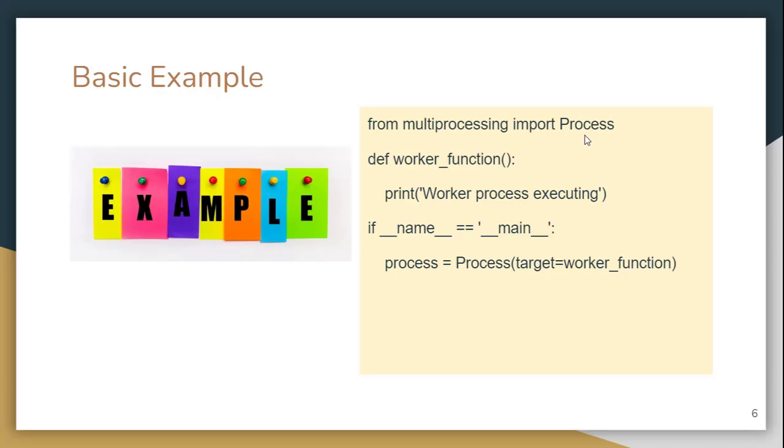Then you have to write process = Process(target=worker_function), where worker_function is the function we defined here. process.start() starts the process, and process.join() joins with the other process.